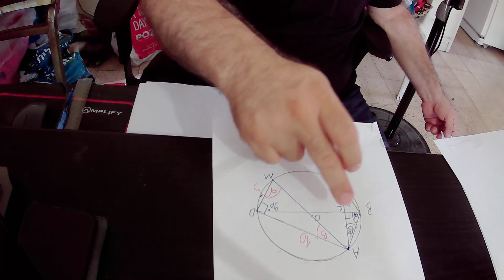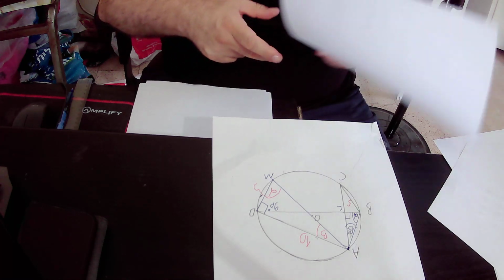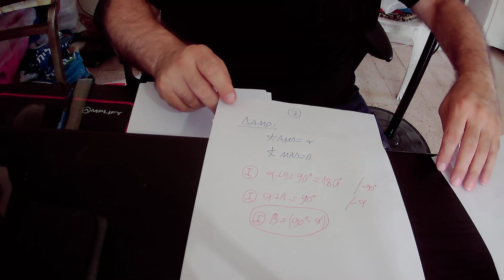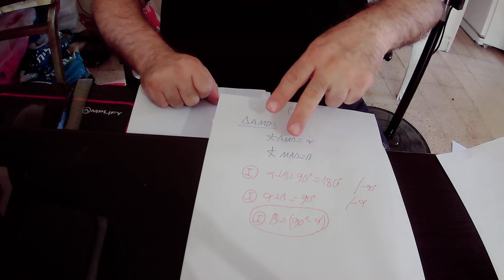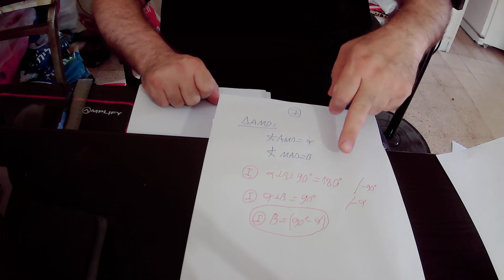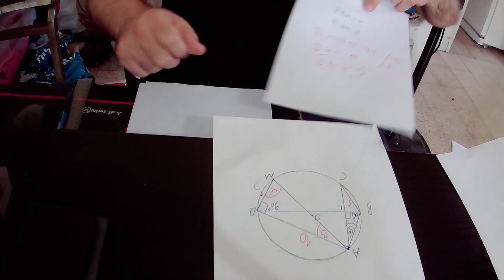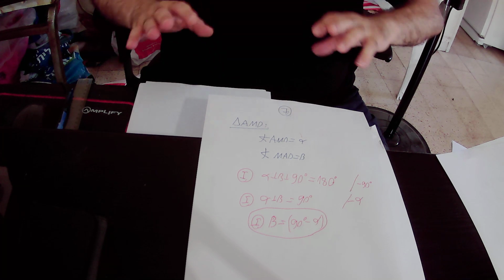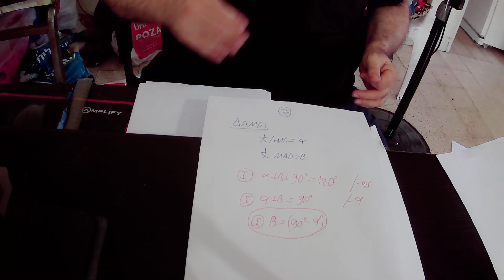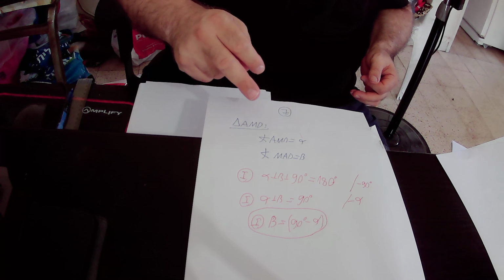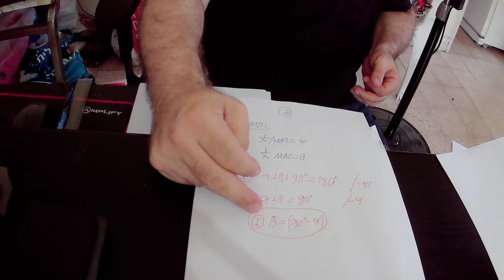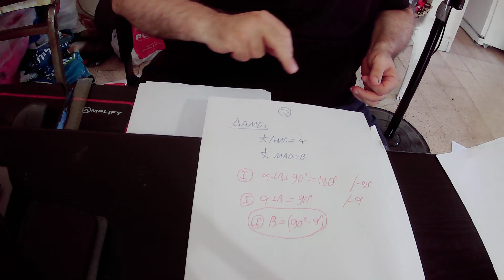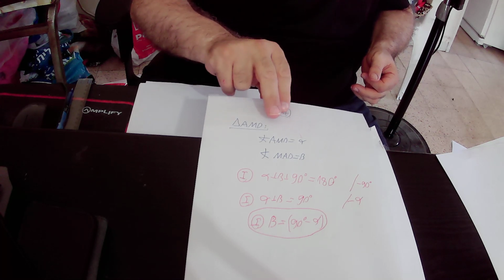So we can write equation number 1 that states that the sum of the angles in the right triangle AMD equals 180 degrees. That is to say, alpha plus beta plus 90 degrees equals 180 degrees. And we got that beta equals 90 degrees minus alpha. That is our first equation.